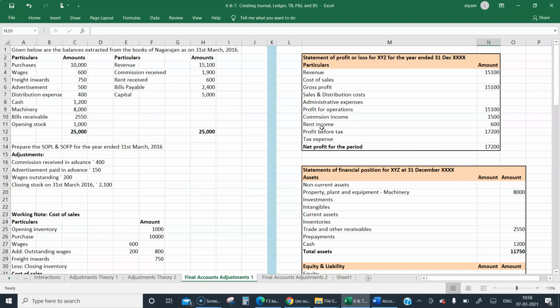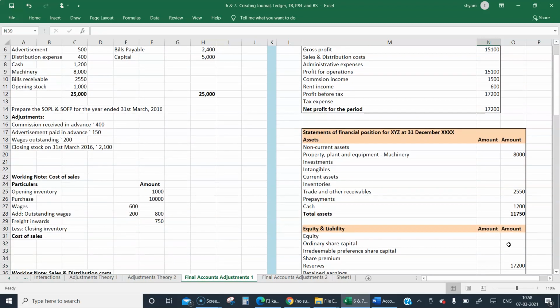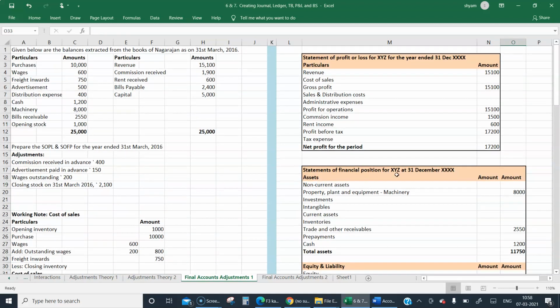And we have capital of 5000. Okay, so we have finished commission received.